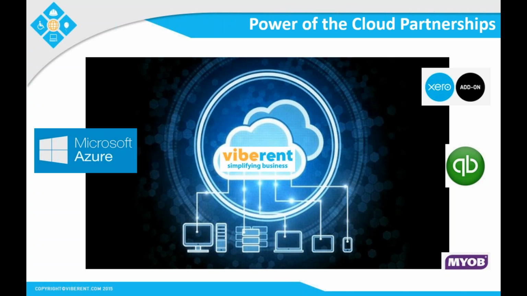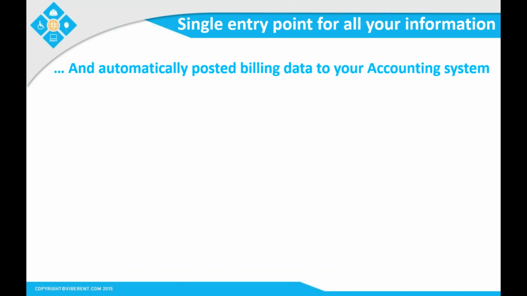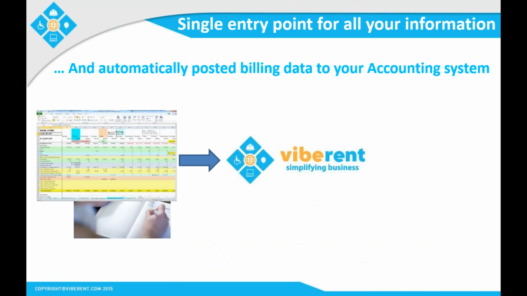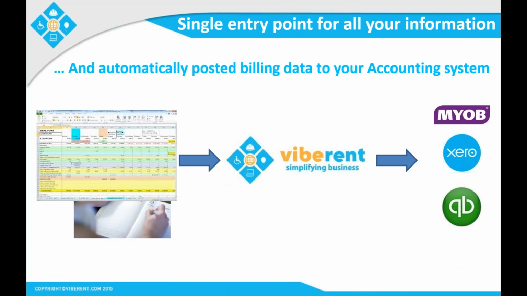So Viberent is one such cloud-based rental management system, and is hosted on Microsoft Azure in this country, and it integrates very tightly with accounting systems like Xero, MYOB, and QBO, the most popular accounting systems in our region. And that gives you a single point of entry for all your applications straight into your accounting packages. So there is no duplication of effort. There is no redundant data entry. You enter it once in either your accounting system or in Viberent, and they flow through to each other.